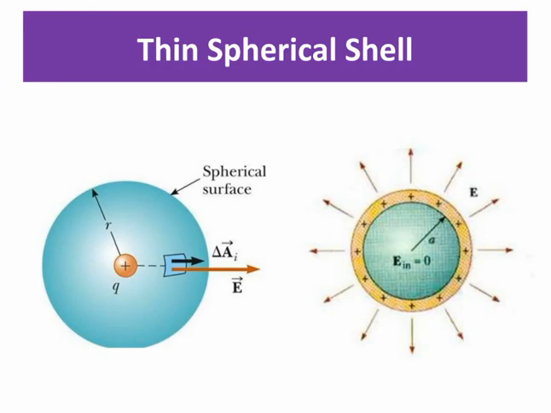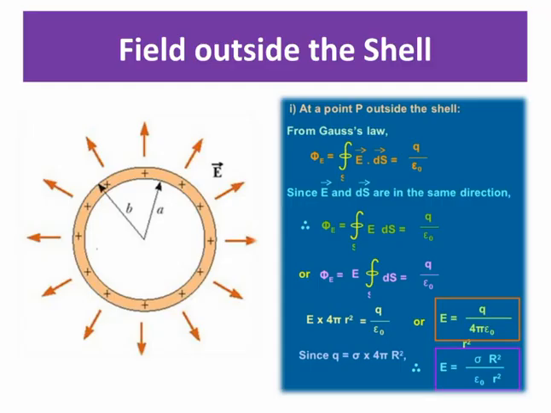Applying the Gauss law, an expression for the electric field strength at a point P1 outside the spherical shell at a distance x from the shell can be derived. You know the image of the diagram. A point P outside the shell.